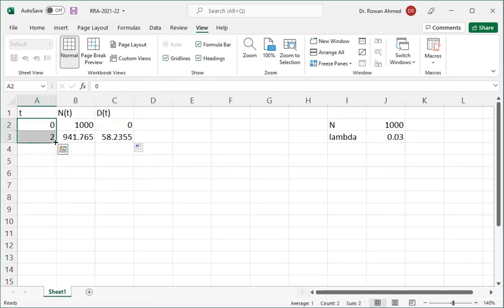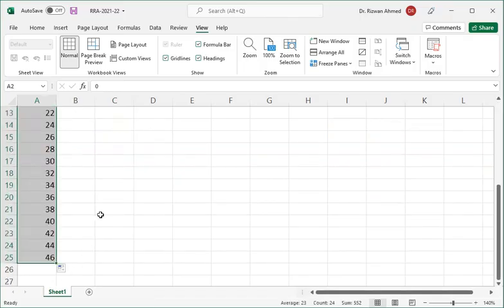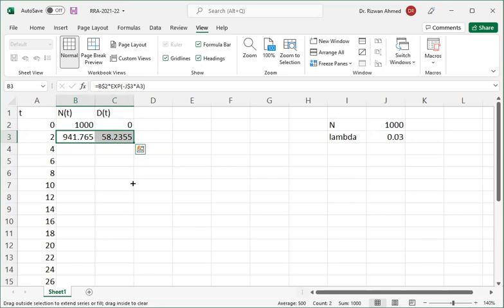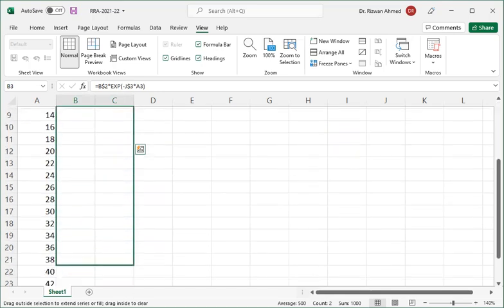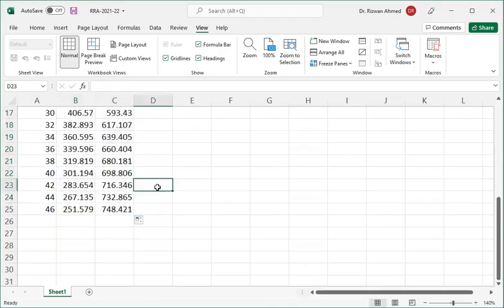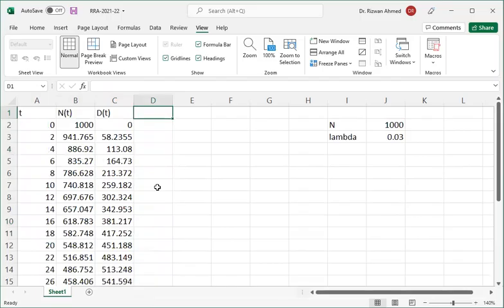So in similar fashion, if I look for further time steps, and if I repeat the calculations, so this is going to be the process, right?